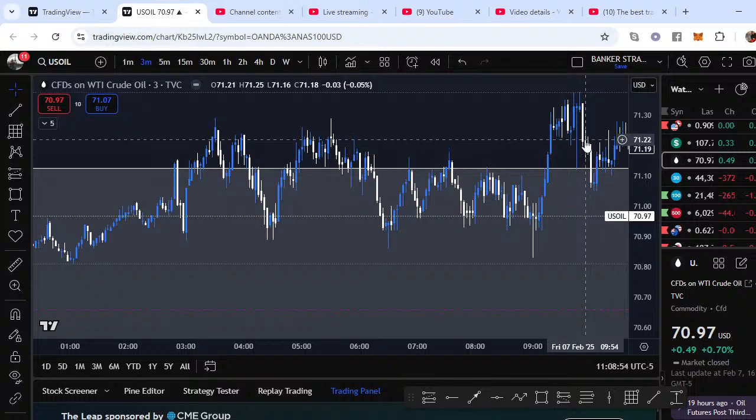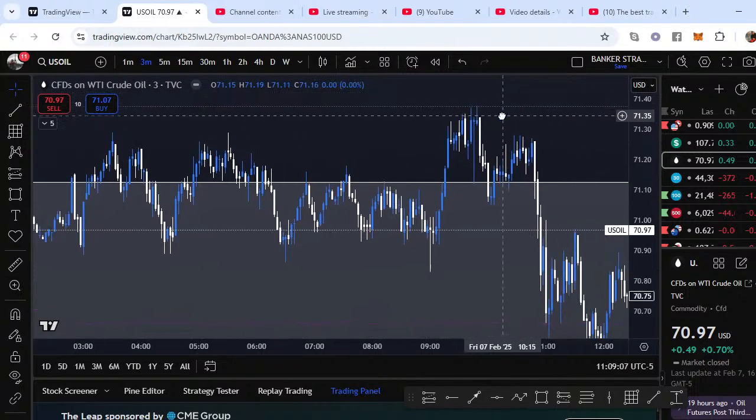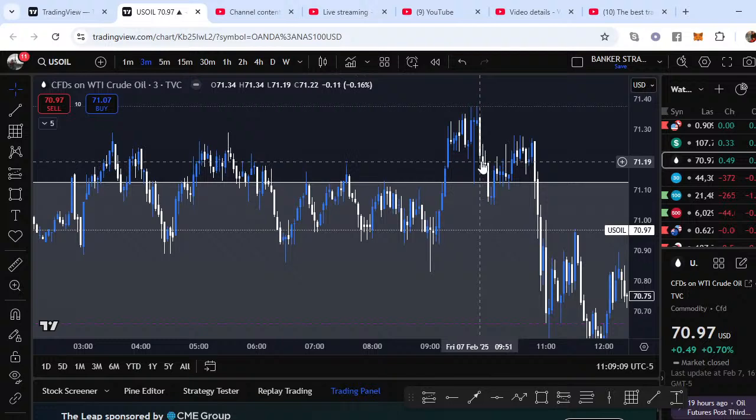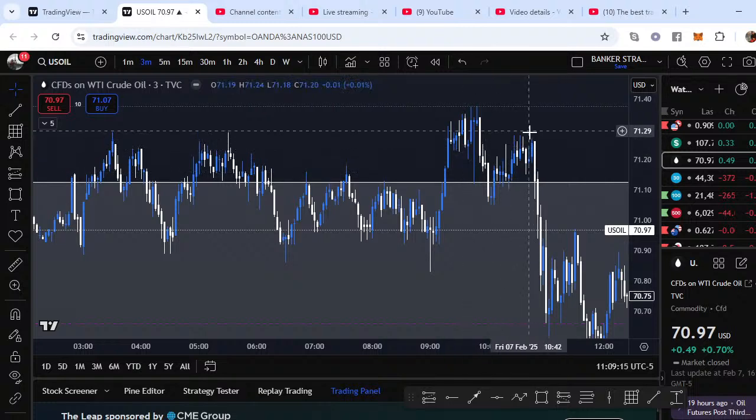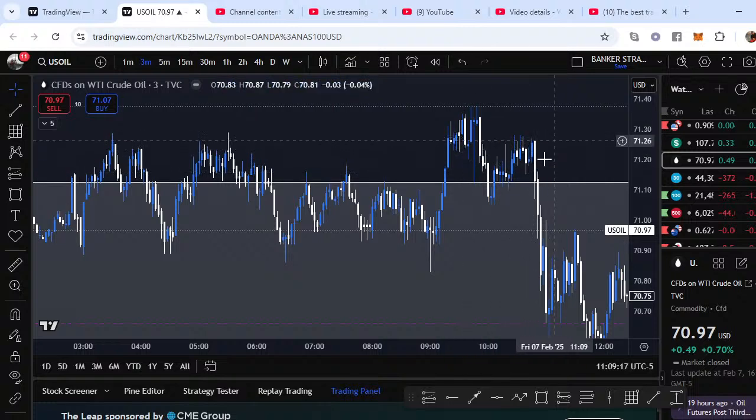Right here is when I would get scared, because this candle closed below all these other candles. Me, I would wait for the retracement, get out, and then I could get in.